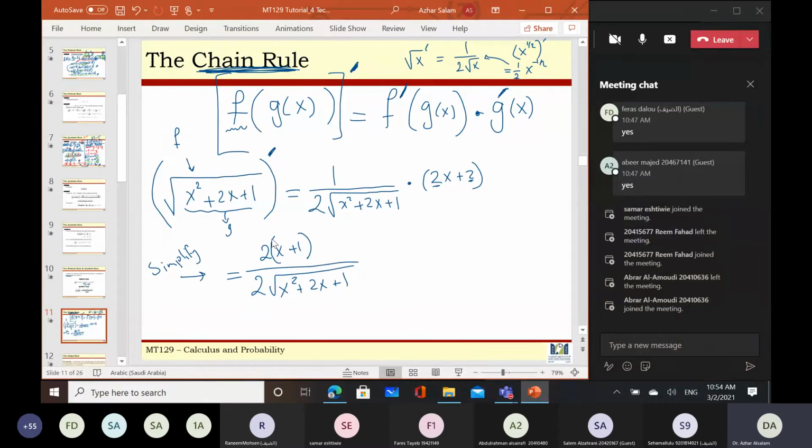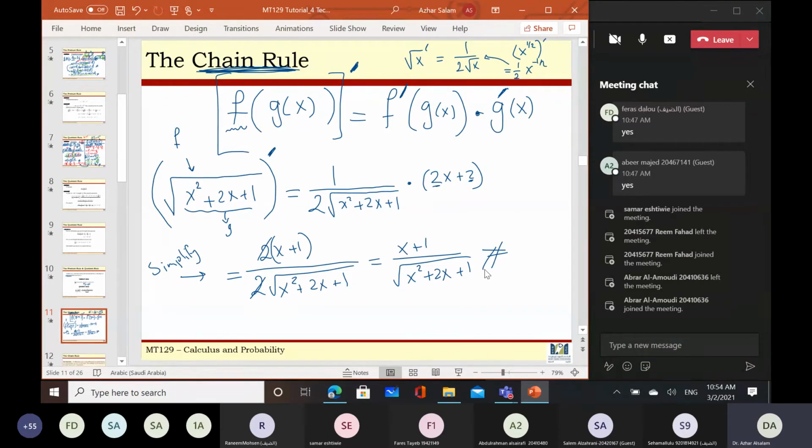Okay, I can omit the two from the top with the two from the bottom. So the simplest form will be x plus 1 divided by the square root of x squared plus 2x plus 1. This is the derivative. Okay.